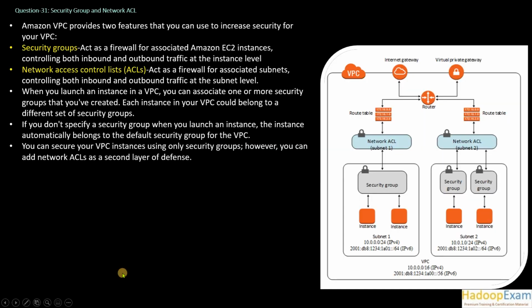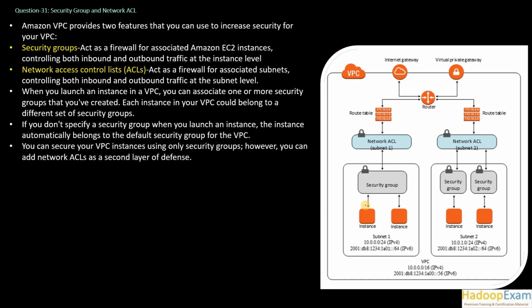The explanation says Amazon VPC provides two features that you can use to increase your security for your VPC and instances. We have somewhat discussed this previously, so I will go a bit fast. Security groups act as a firewall for associated Amazon EC2 instances. We discussed previously, correct? Security groups are specifically for EC2 instances.